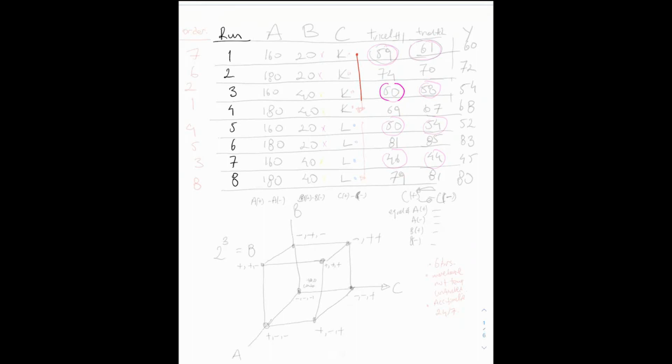So we have 8 corners. So that means that we are doing 2-level and 3-factor DOE, and that's going to give us 8 experiments.